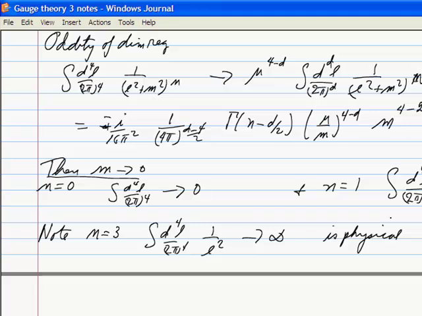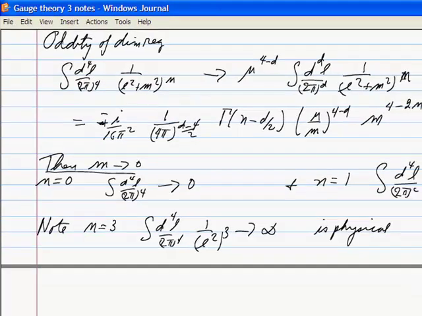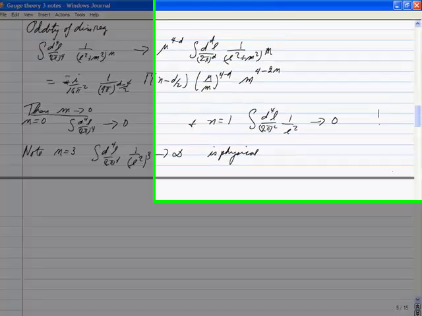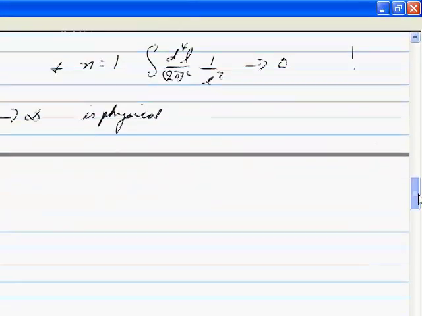And that happens in all regularization schemes. And that's physical because it happens at the lower end, where we know what the physics is. This is L to the 4th over L to the 6th. It blows up. So this has to cancel in a nice, well-behaved theory, because that type of divergence is physical, if you get it.